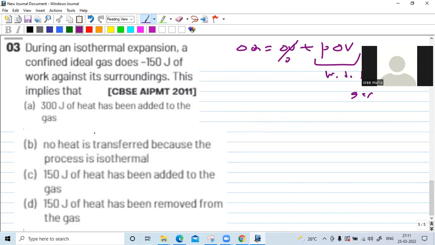Here it's actually expansion only. This is actually 150 only. According to me, this should be plus. One thing is clear: there's an expansion, so heat is added to the system.